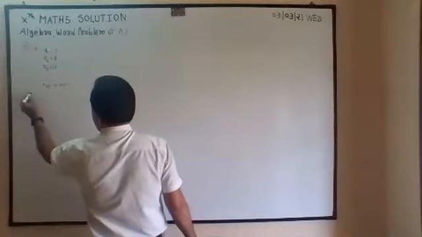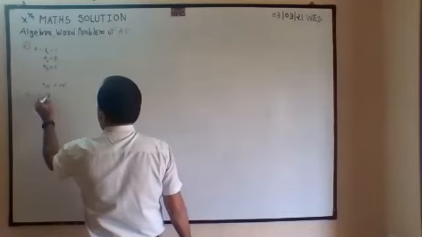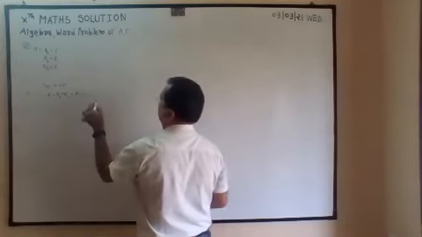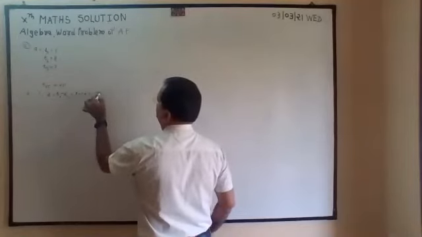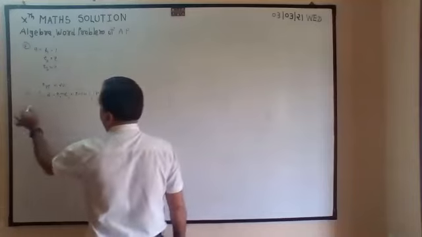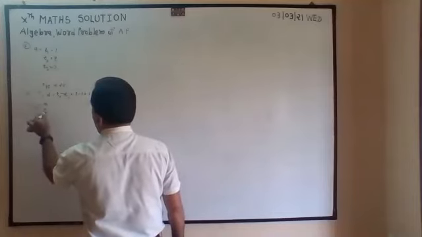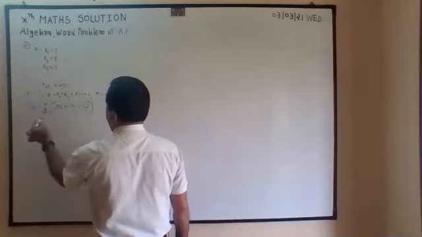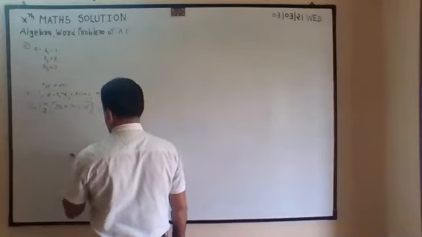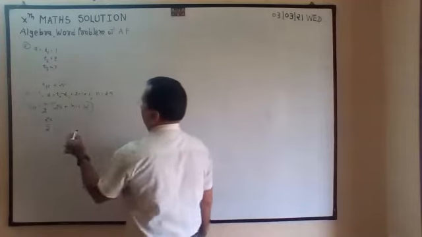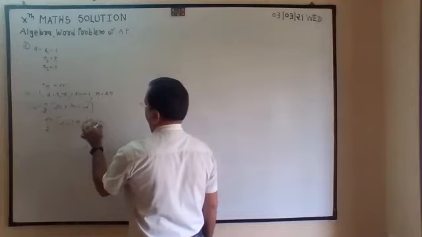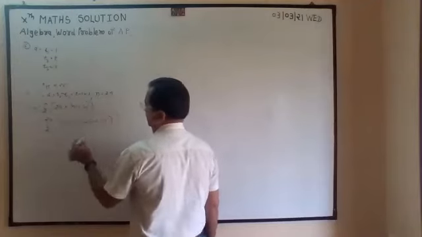So your A is equal to 1, difference also, T2 minus T1 is equal to 2 minus 1 is equal to 1, and n is equal to 25. Sn is equal to n by 2, 2a plus n minus 1 d. So n is 25, by 2, a is 1, difference 1.